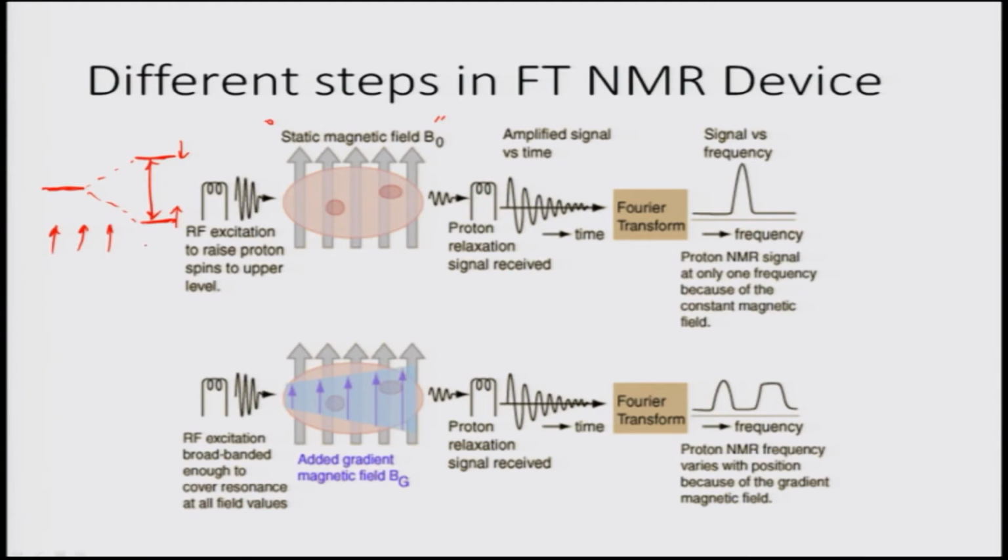So, once this separation of energy is set up for the nuclear states, the radio frequency excitation can be utilized to resonantly excite the nuclear spin from the ground to the excited state. So, this is the first step.